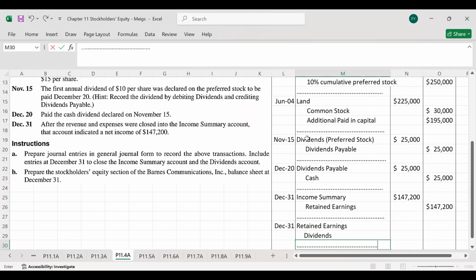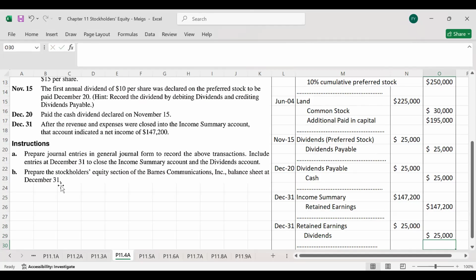So when we want to close it, we record it on the credit side. So the dividends are total amount 25,000. So this is the total journal entries, or most of the journal entries that are related with the stockholder equity or shares or dividends and so on.